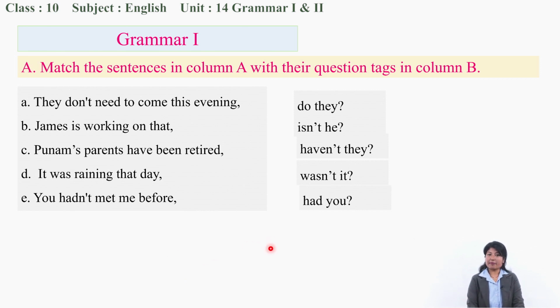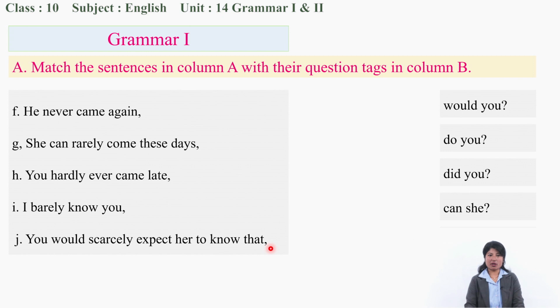As I said, I have kept it in different parts. From F to Z, another part. Let's see the options. F. He never came again. What would be the tag question that can be added? Did he?